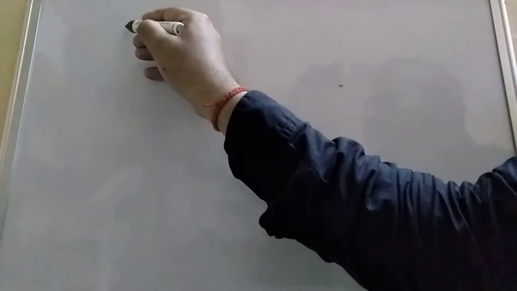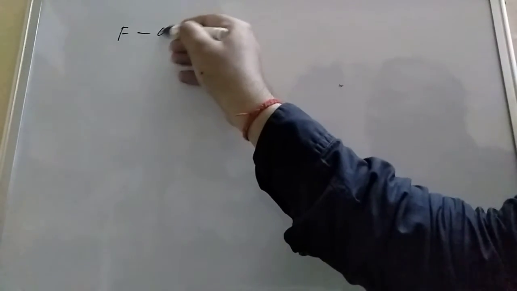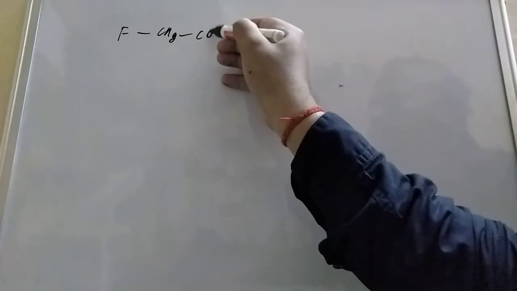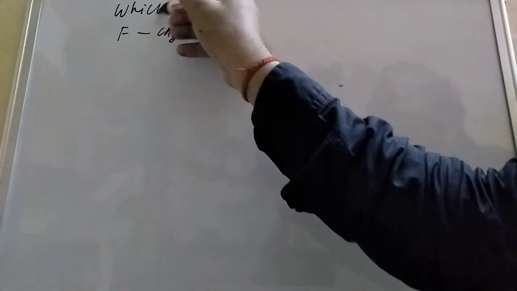Here is FCH2COOH, ClCH2COOH, BrCH2COOH, and ICH2COOH. Which is the strongest acid?